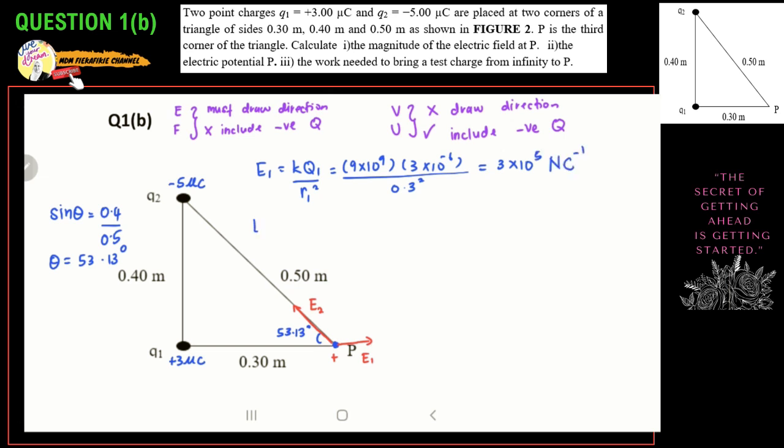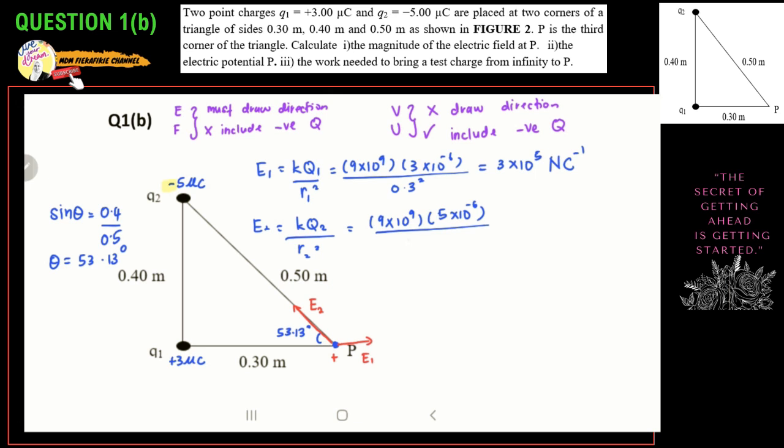The same goes for E2. Calculate E2 first, don't resolve yet. Substitute all the values. Q2 has a negative sign, but don't include the negative; it should be 5 times 10 to the minus 6. No need for the negative because this is electric field.